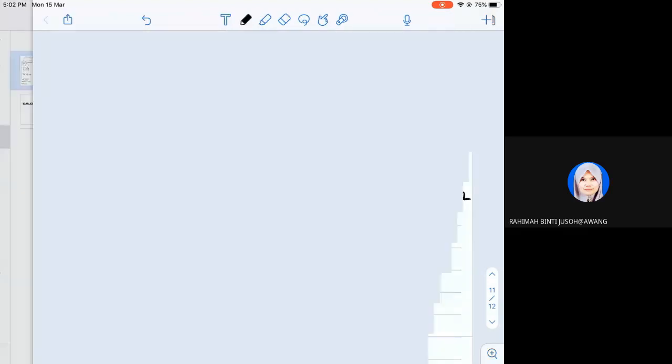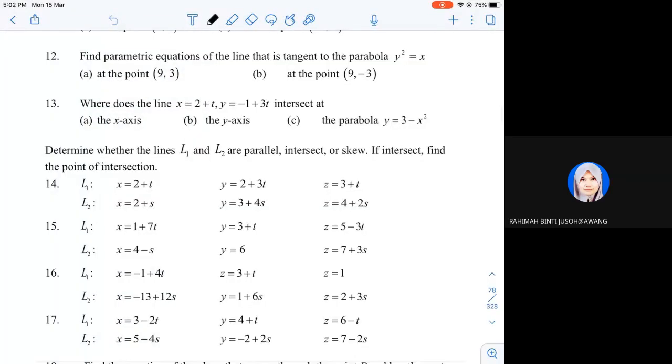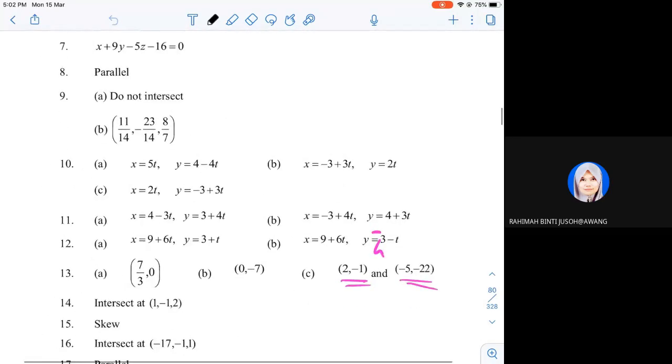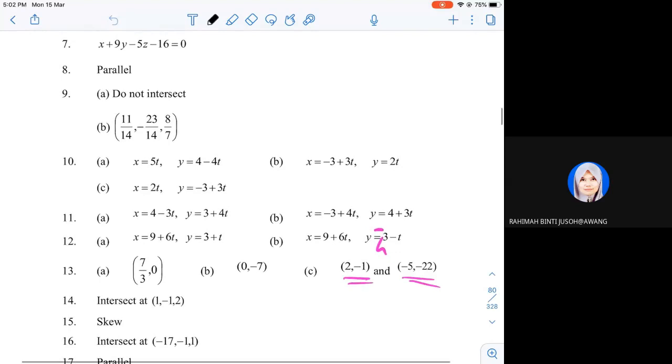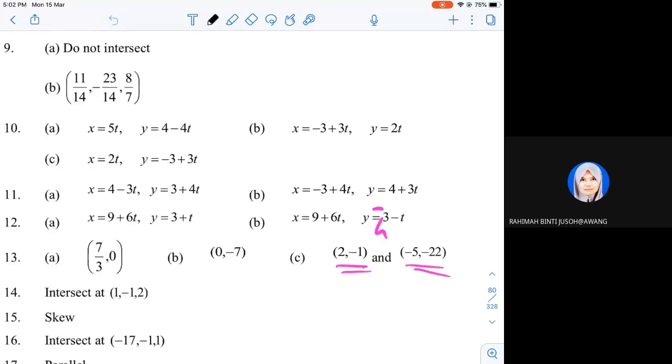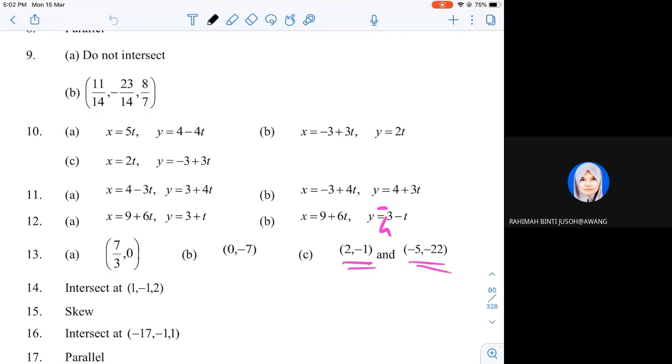Is the answer correct? Quickly have a look. Question number 13C. Yes, correct: 2, negative 1 and negative 5, negative 22. Guys, correction for question number 12B, there is a negative there: negative 3 minus T. It's a typo error.